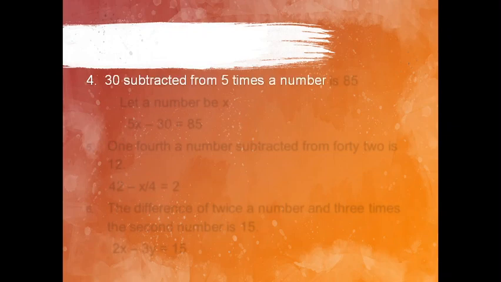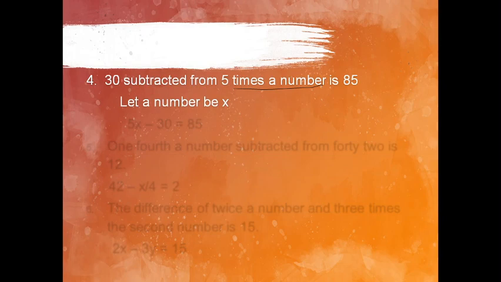Then the next statement, the fourth, is given: 30 subtracted from 5 times a number is 85. So what is given here? 30 subtracted from 5 times a number. A number we will take as x. So, let a number be x. Now the equation will become, according to the statement, 5 times a number, and 30 is subtracted from this.